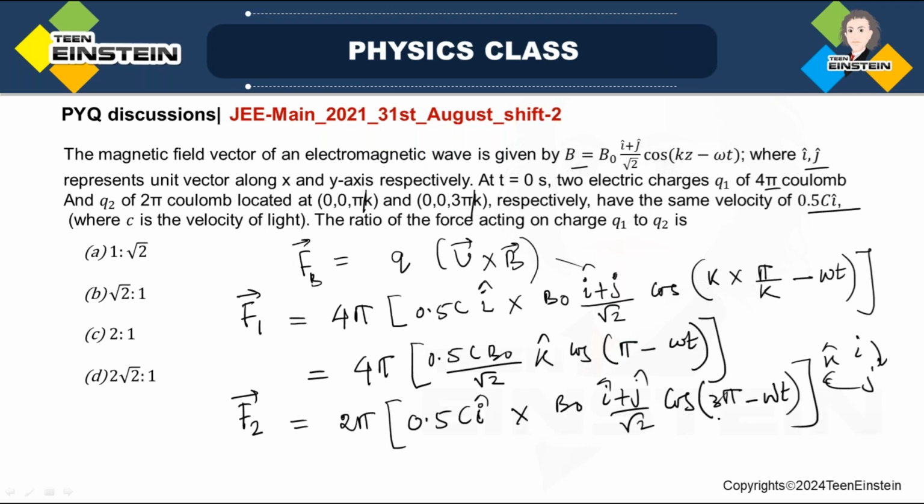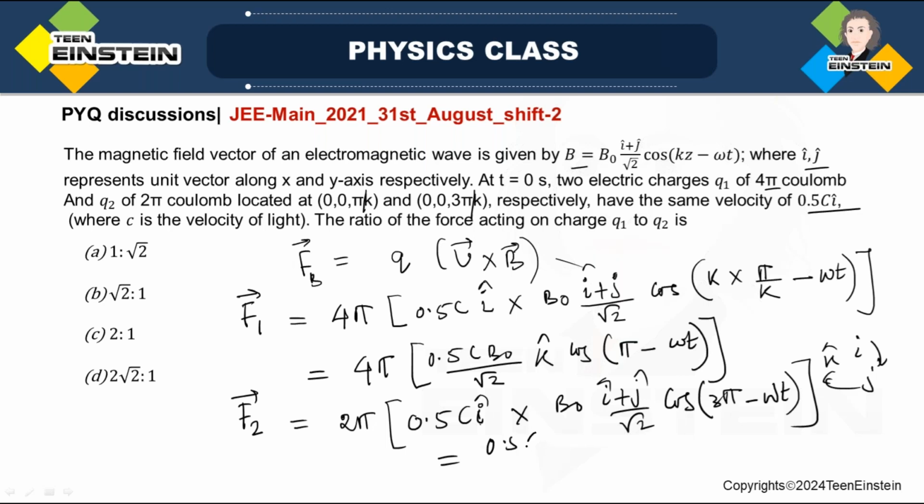Now we have to take the ratio and see, this is magnitude. I can write, i cross j here also, both are i j only, so that will be k.